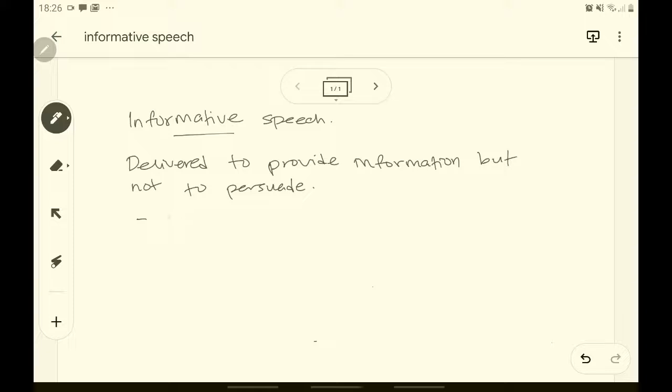Example would be political speech versus class lecture. So this one would be persuasive, and this one would be just informative.